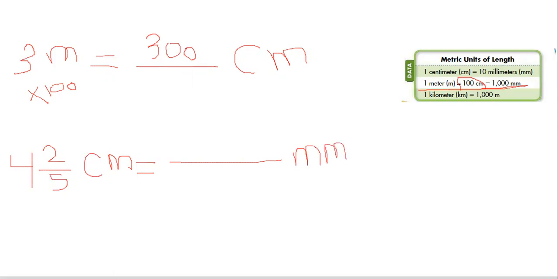Begin with the end in mind. 1 centimeter is 10 millimeter. So to convert from centimeter to millimeter, you multiply by 10. That's great. I'm going to multiply by 10. Okay, I'm going to do it here.